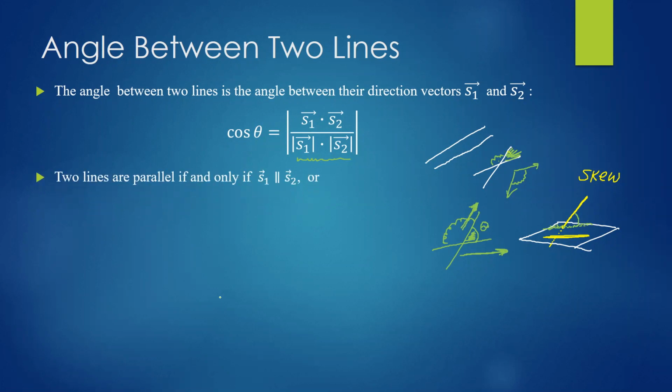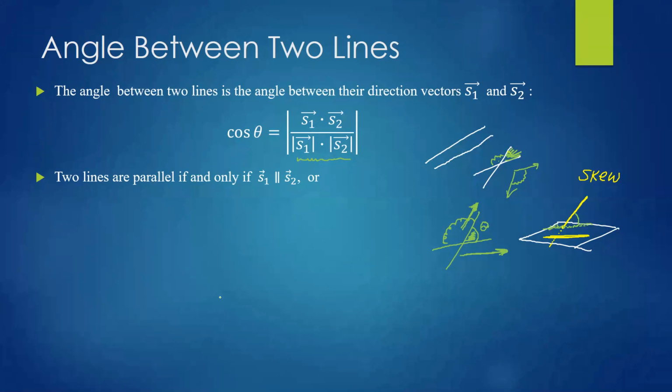All right, next, 2 lines are parallel if and only if the direction vectors are collinear, exactly like it was with the lines in the plane. But again, in space we do not have the slope. In the plane, we had lines y equals kx plus b, and we said, okay, k is the tangent of the angle between the line and the positive x direction. k is called the slope or the gradient of the line.